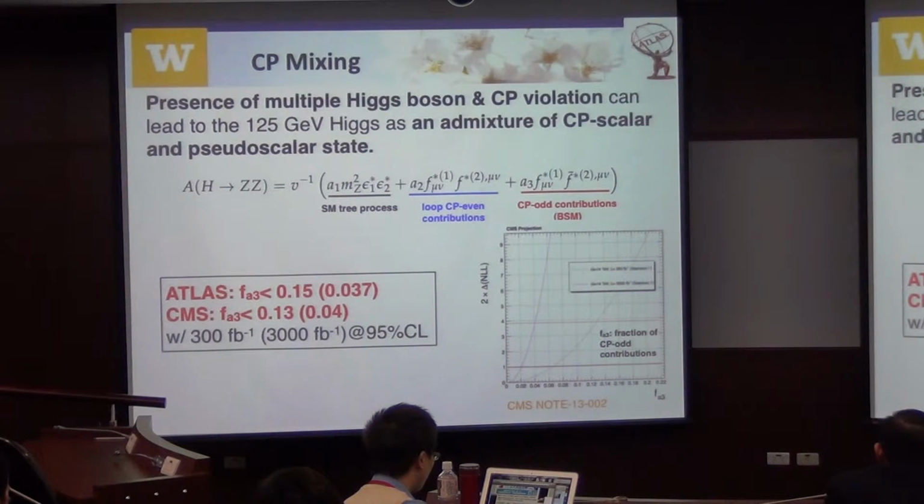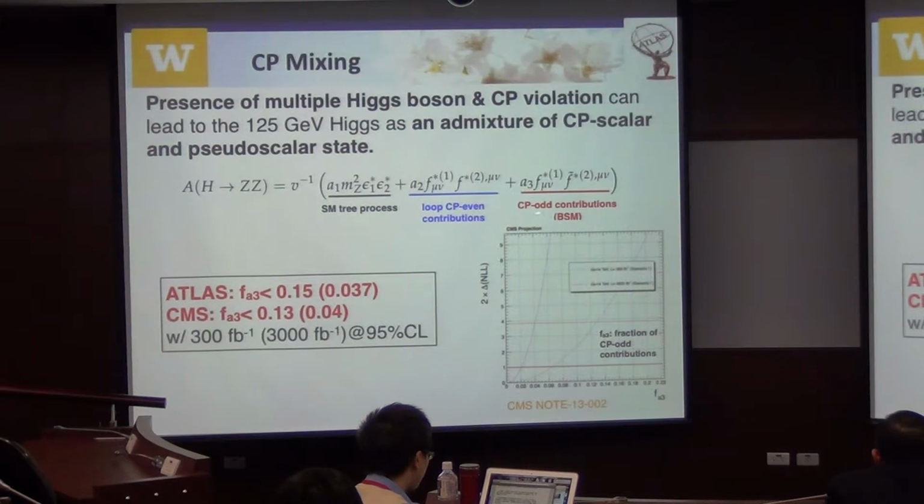Because we have the Higgs to ZZ to 4 lepton decay, this is quite the largest physics sample. Then we can really play a very nice geometric study. One of the things, for example, is that we can introduce a new amplitude which has a CP odd component, while the Standard Model only has a CP even component.